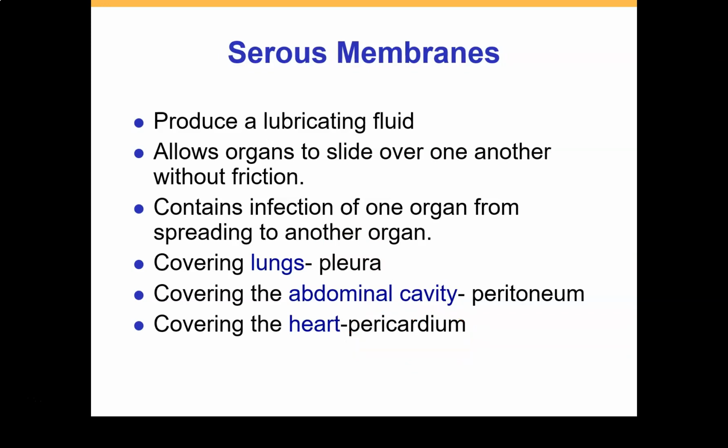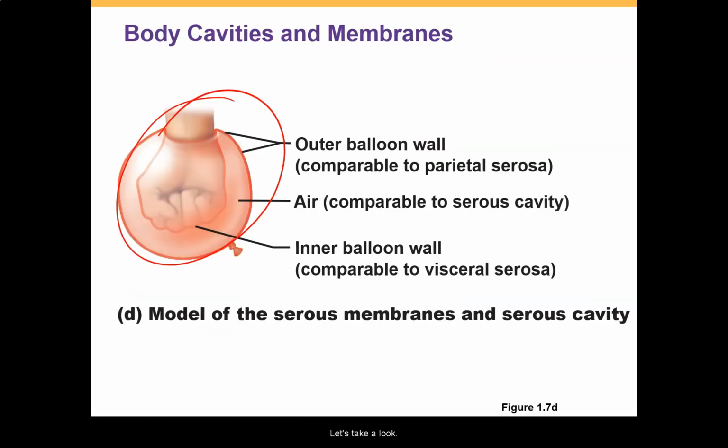And visceral organs, in other words, organs such as digestive organs, are protected by the serous membrane peritoneum. Before I explain how the serous membranes protect organs, let's take a look at how the serous membrane is organized.